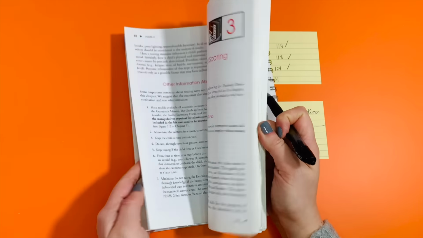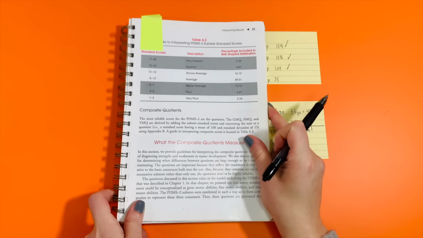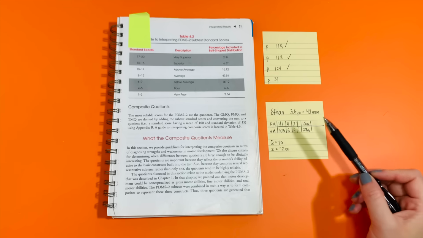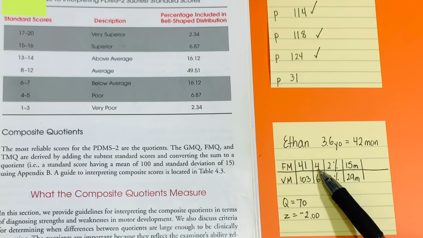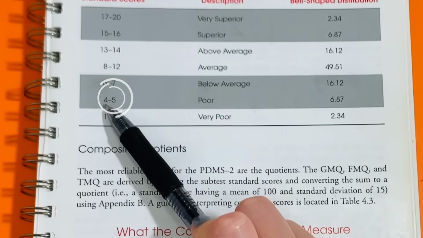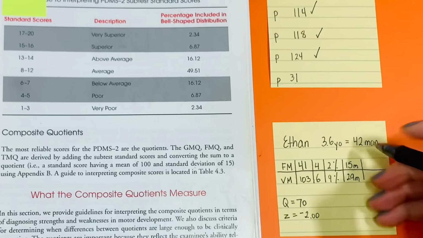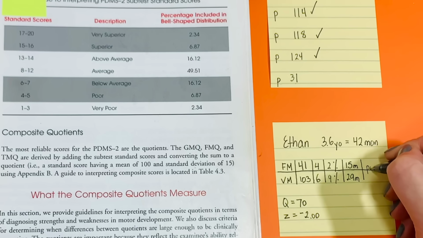This chart will help us understand our standard scores a little better. Standard score of 4 will give us a description of poor level of functioning for fine motor skills.